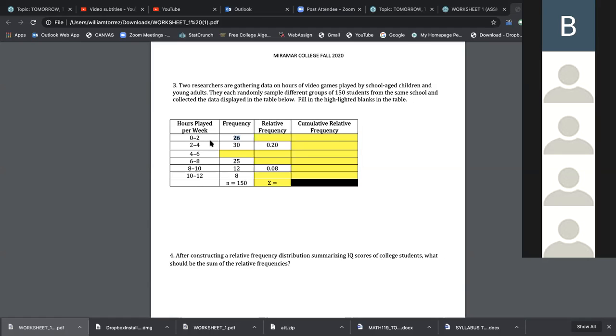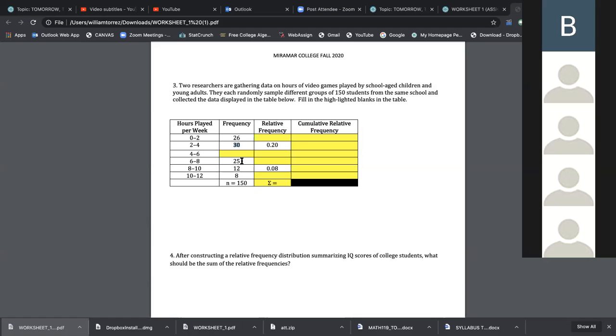Now, how many in the sample viewed video games more than 2 hours up to 4 hours? Well, according to our frequency table here, 30 of the 150 students actually viewed video games between 2 and 4 hours, okay? And so on, okay?